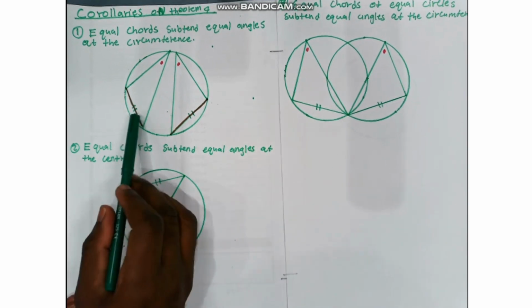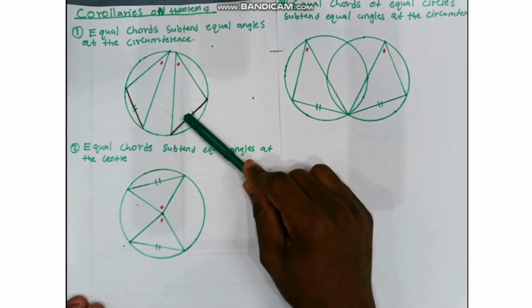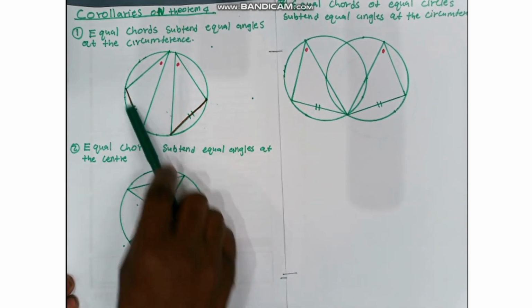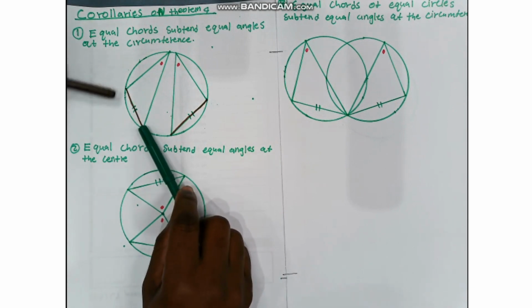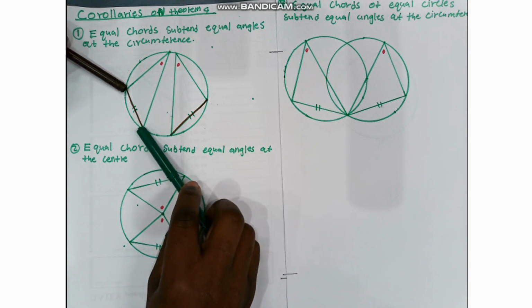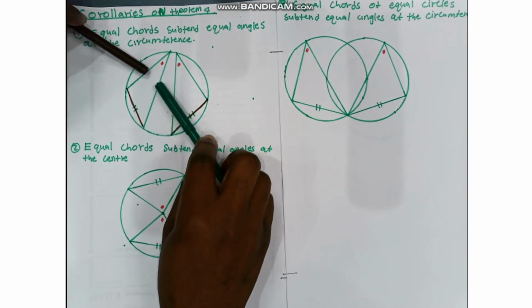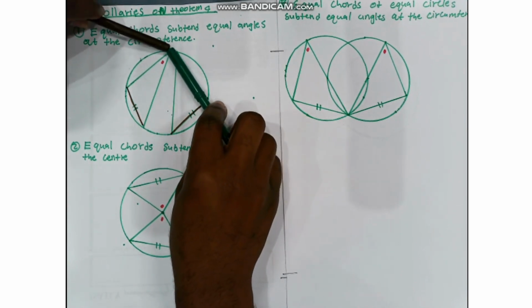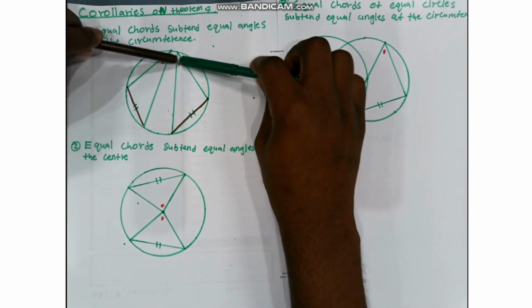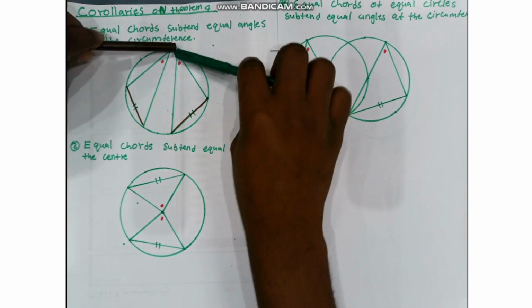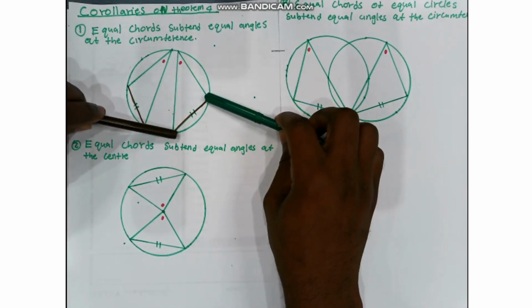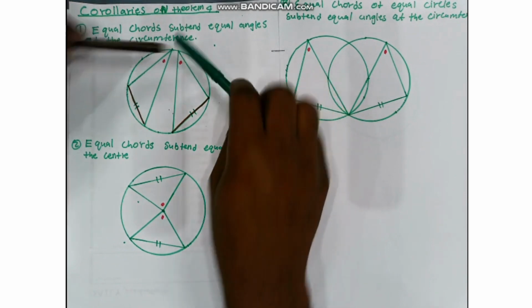They are saying this chord is equal to this chord. Let's go to the first chord. You place your finger on the chord and go to the circumference, and they meet here. You come this side, and they meet here.